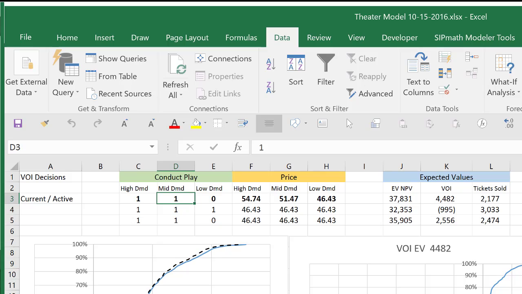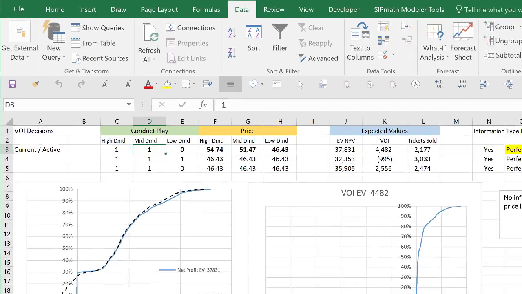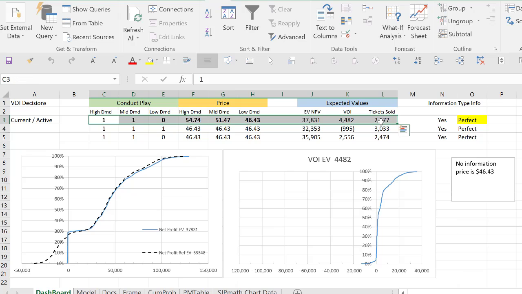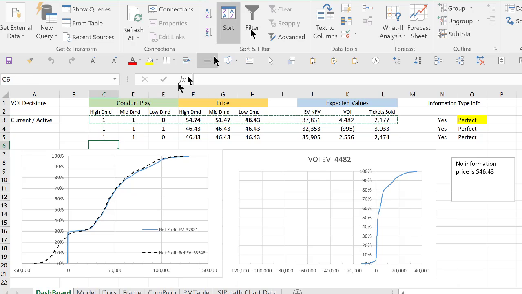So once again, let's look at this chart. I still have this little bit of downside because I didn't develop it, but now this upside's bigger because I got better prices. Maybe lower demand, fewer tickets, but the effective revenue was higher. So why don't we capture that result as well? I guess I should be capturing whether it's perfect or not.